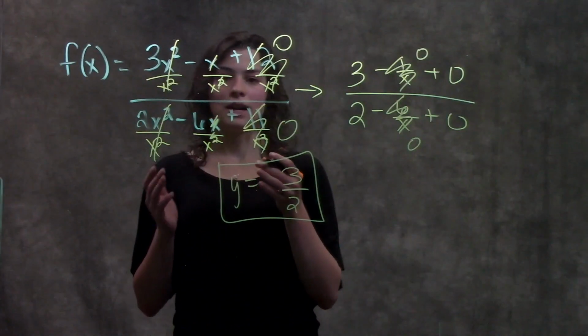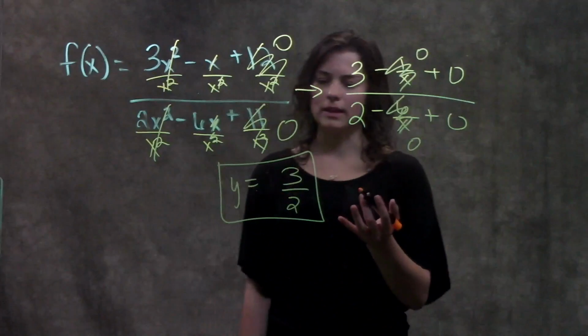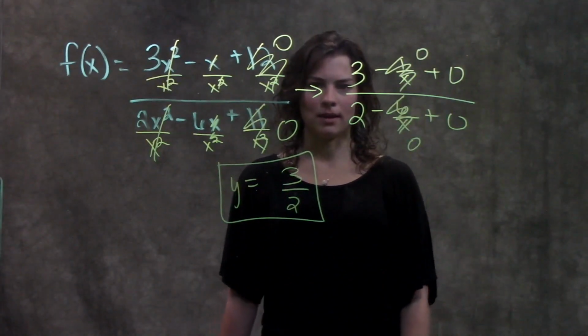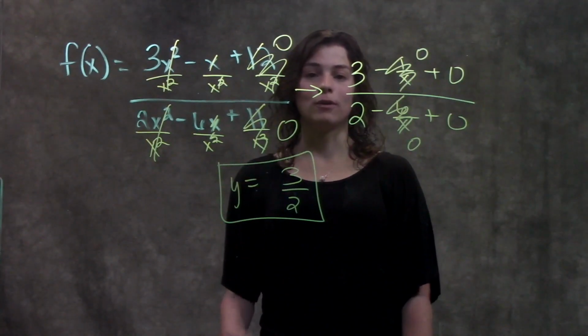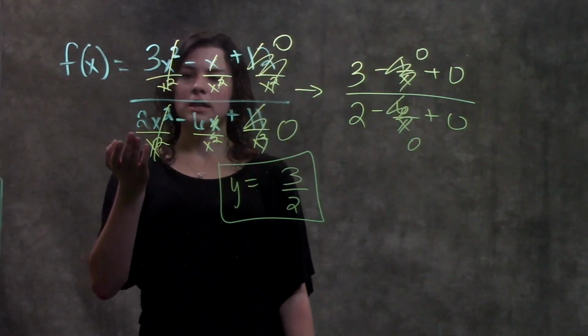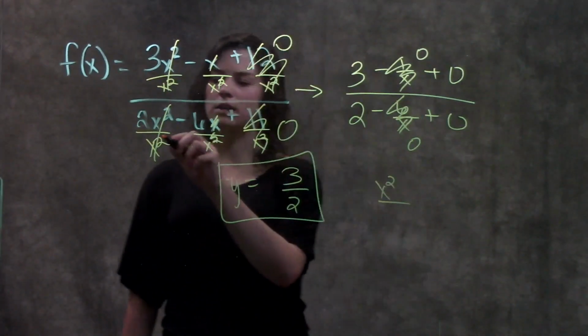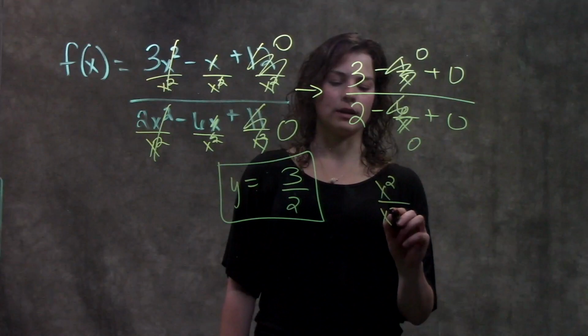We went through, divided each term in our function by the highest power in the denominator, and saw what was left over. Now, using our second method that we went through, if we were to just memorize those rules that we learned in the last video, well, we look at this function and we see the highest power in the numerator is x squared, and the highest power in the denominator is also x squared.